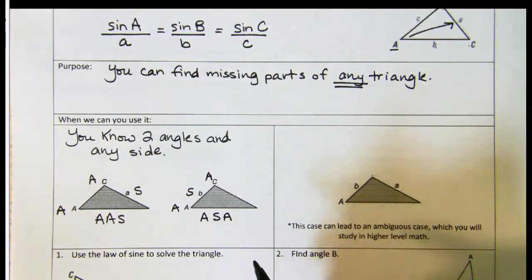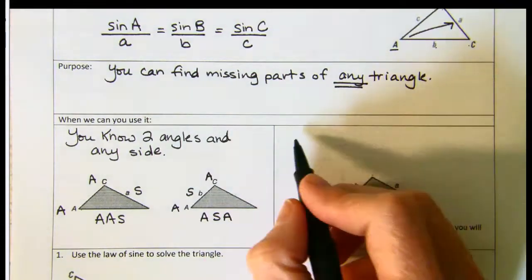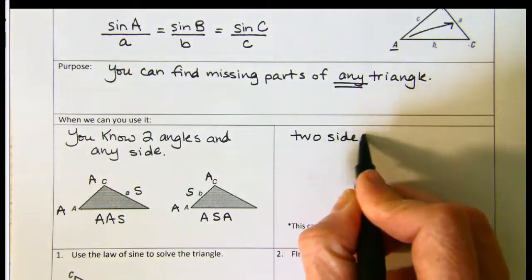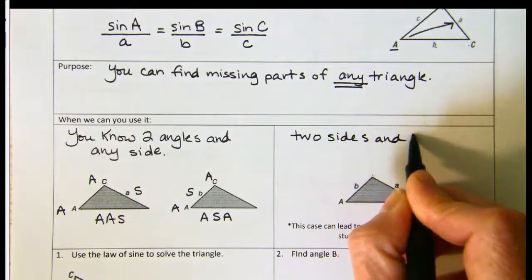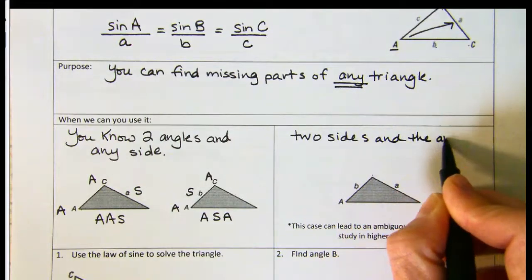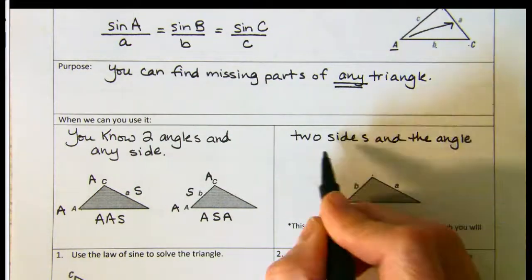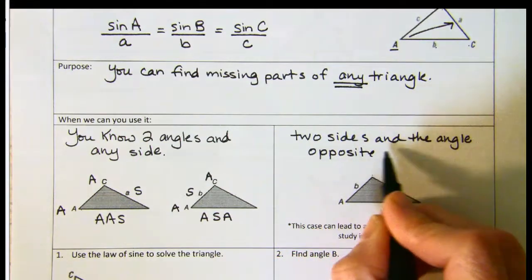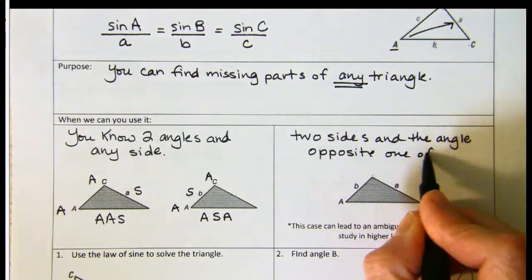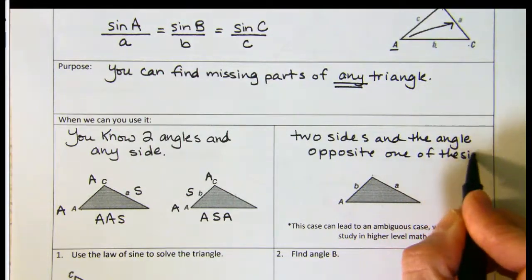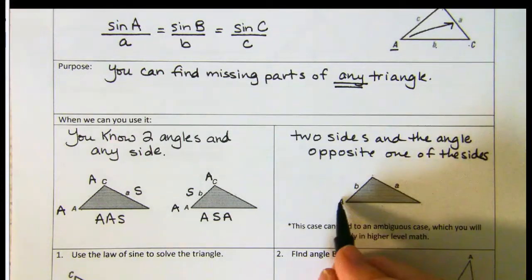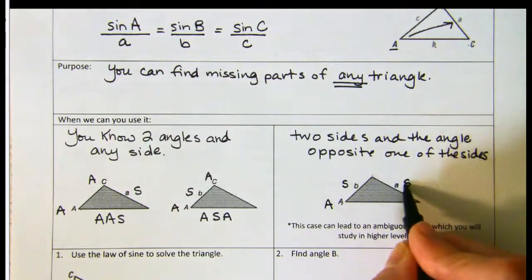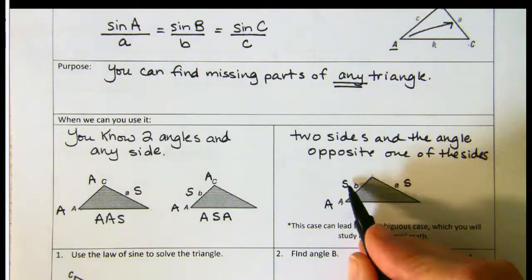Now in this case, you know two sides and the angle opposite one of the sides. If you look at this one, we have an angle, a side, and a side, which is ASS.